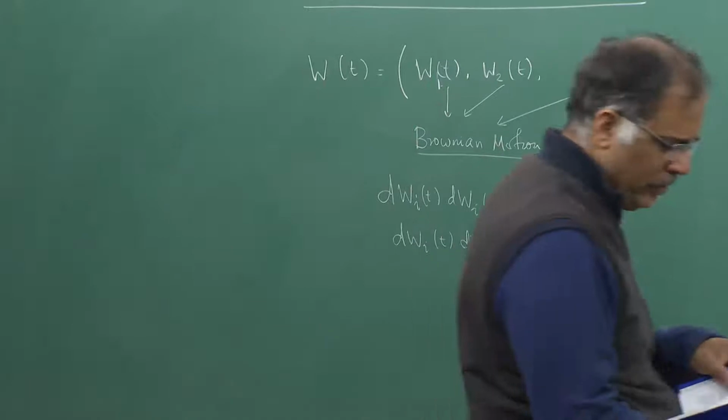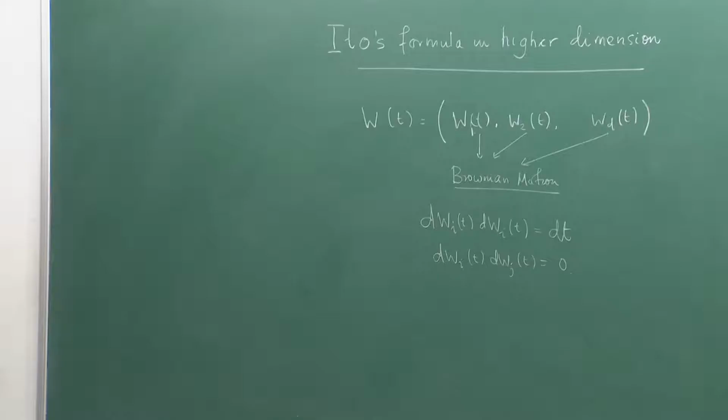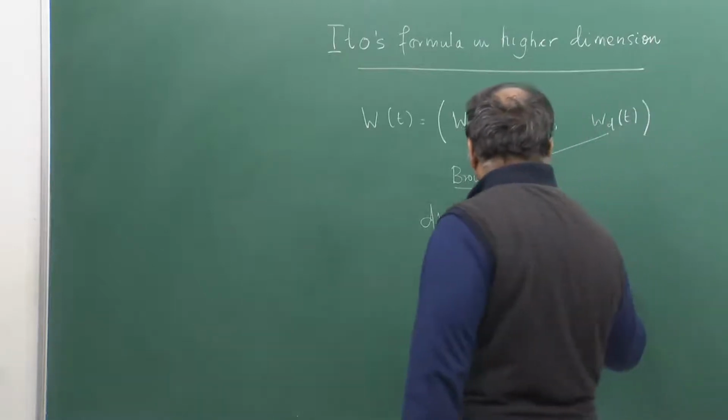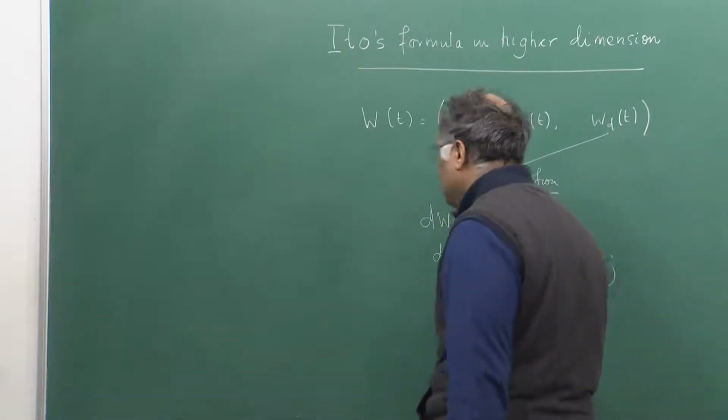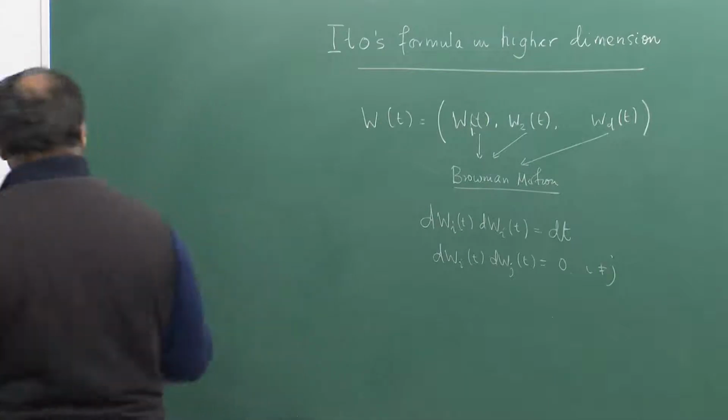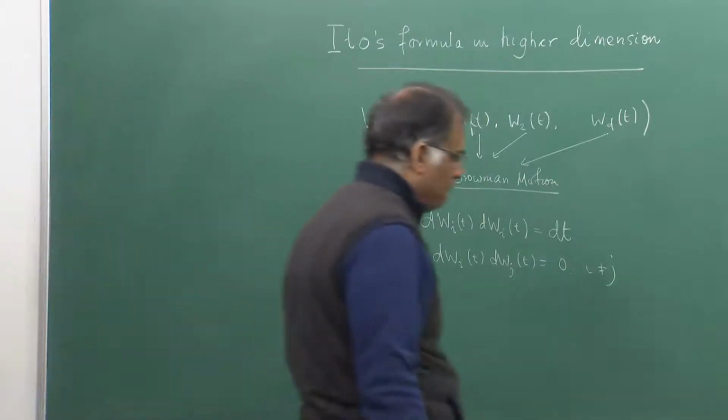So, that is what you have to keep in mind. When i is not equal to j, the cross quadratic variation is 0, and the quadratic variation, dt, is known to you.